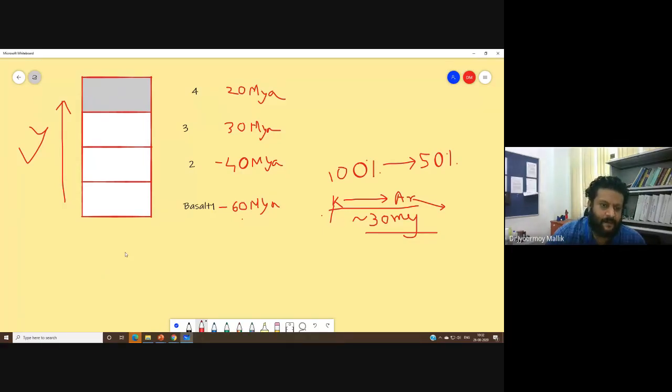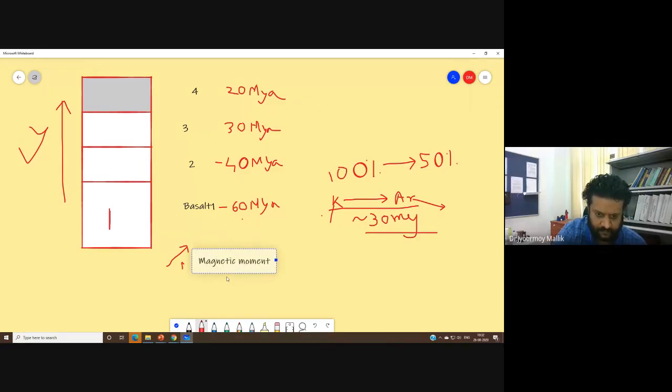Now I did another type of analysis. Okay. I took a sample of the rock and calculated the magnetic moment, which was formed during the generation of this rock.